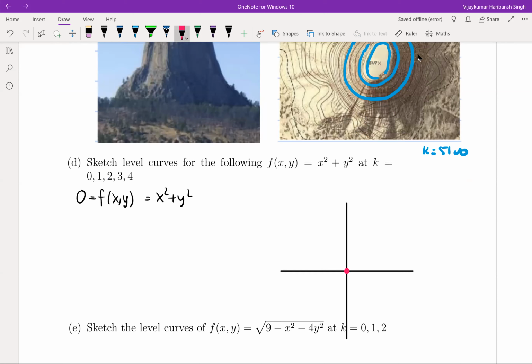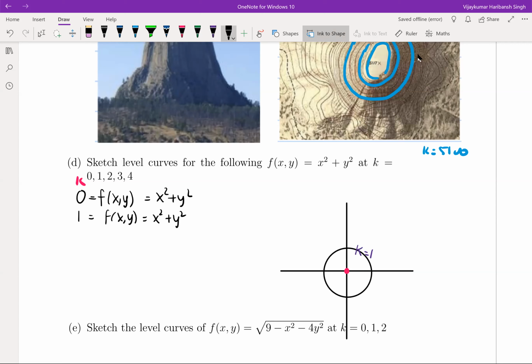Now, what about when k equals 1? You get f of x, y equals 1, so x squared plus y squared equals 1. That's a circle of radius 1. I should write down here z equals, for this one, k equals 1.